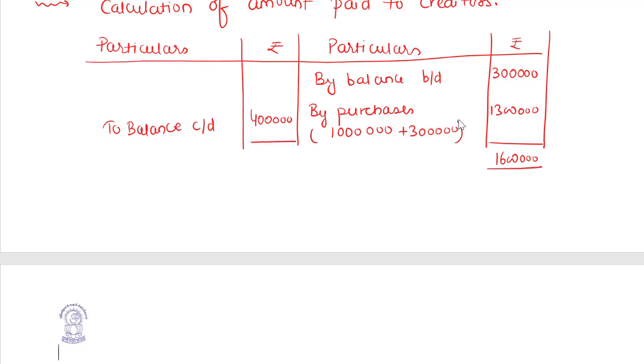Close it quickly. 16 minus 4 is 12 lakhs to bank account. Payment made to creditors to bank account 12 lakhs. I believe you understood. Let us move ahead.